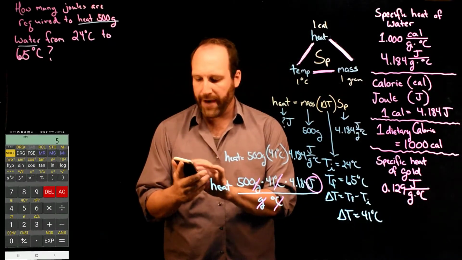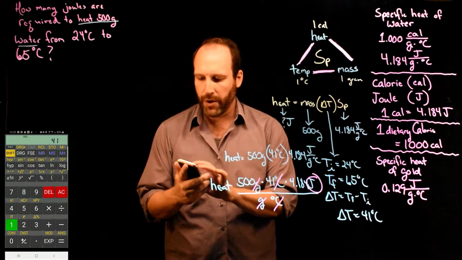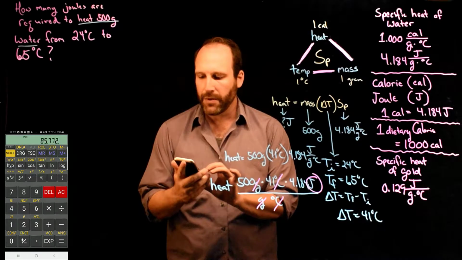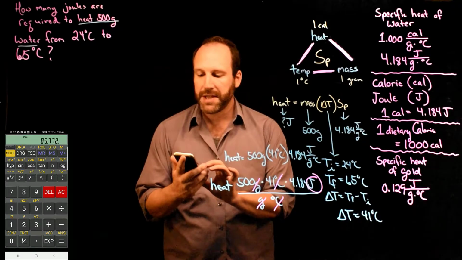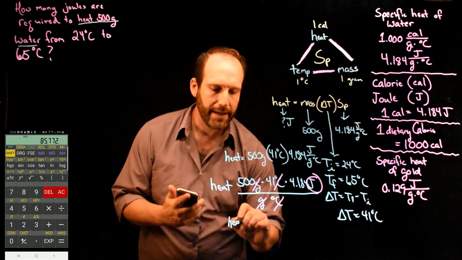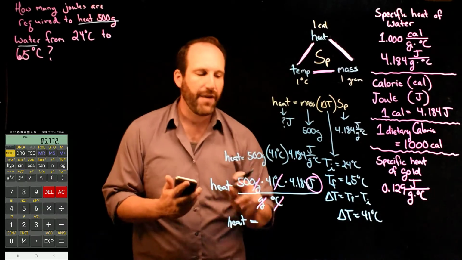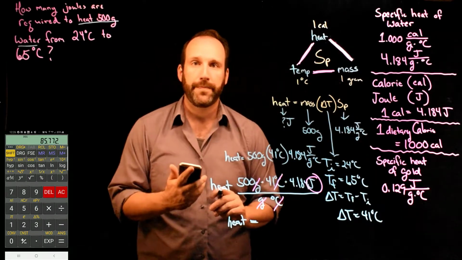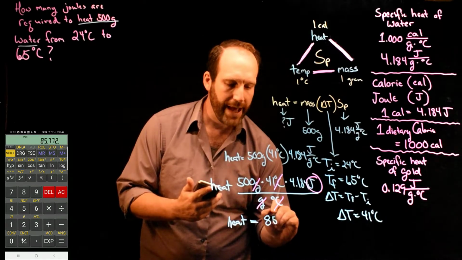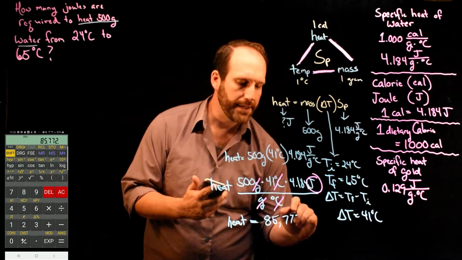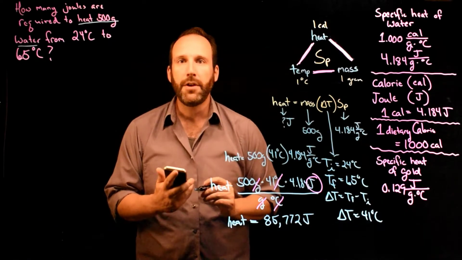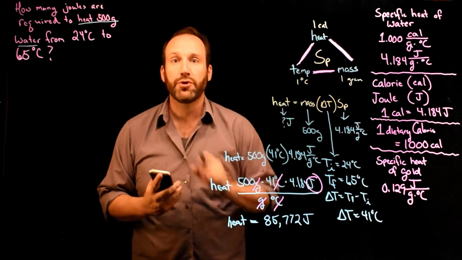So I can say 500 times 41 times 4.184 equals 85,772. Okay? So the heat that's required to raise 500 grams of water 41 degrees Celsius is 85,772 joules. Okay? All right, let me erase the board here and we'll try another problem.